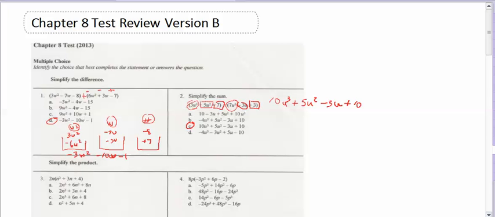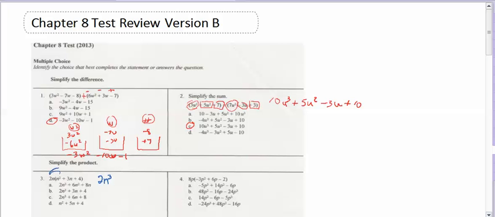Okay, the next one, number 3. First of all, you need to multiply. It's the distributive property. I'm going to multiply 2n and n squared, so we're multiplying 2n to the third.